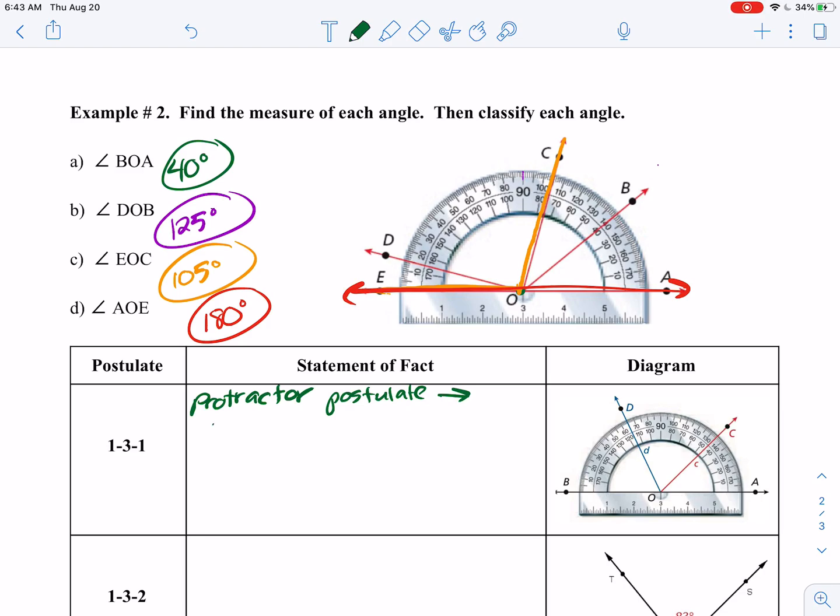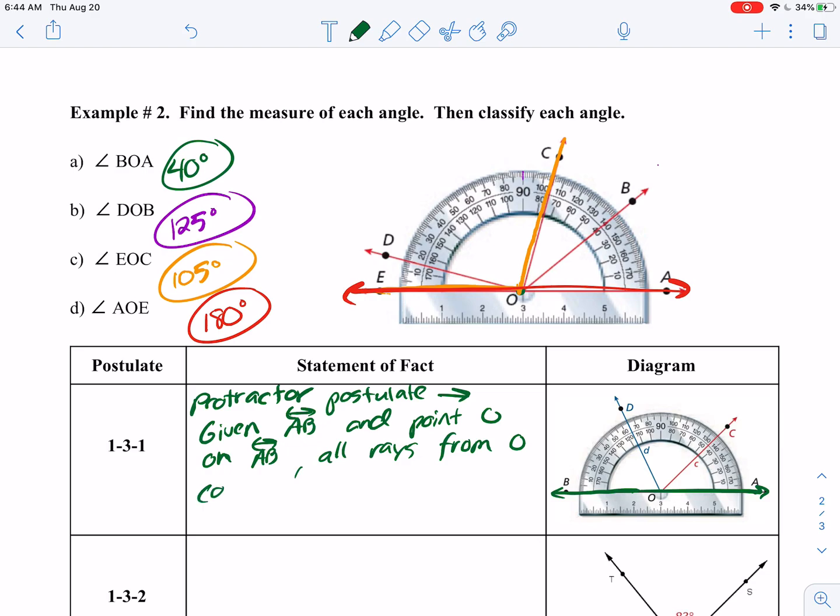We're going to add a little bit more into here using this image. So if we're given AB and point O on AB, all rays from O correspond to a real number from 0 to 180 degrees.